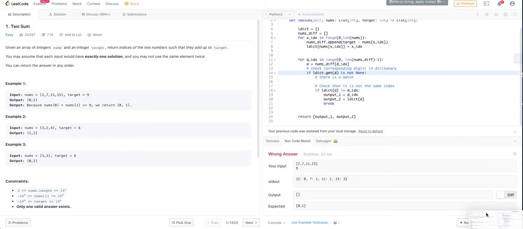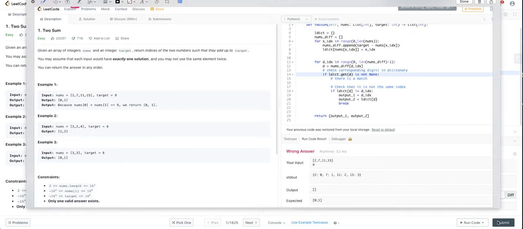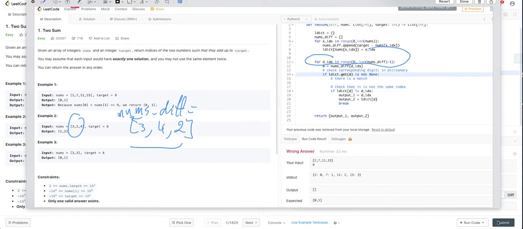So what's happening here, and we could try it out, for example, with the slightly shorter example, is what we did over here was we said for the nums diff array, what we get is really 6 minus 3, 3, 6 minus 2, 4, 6 minus 4, 2. And so this is sort of what this area is doing. It's looping this way, one by one.